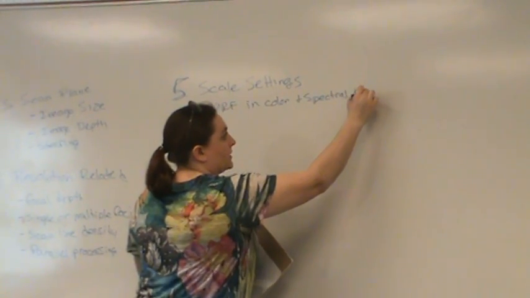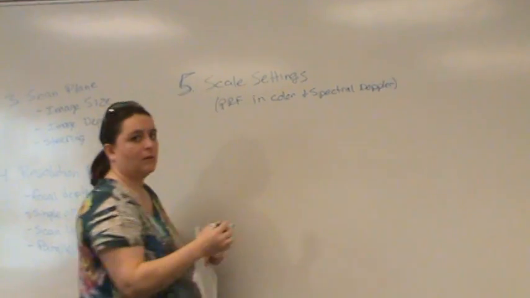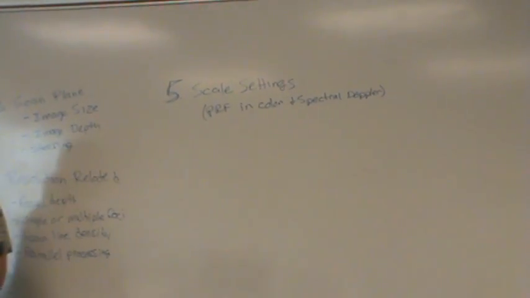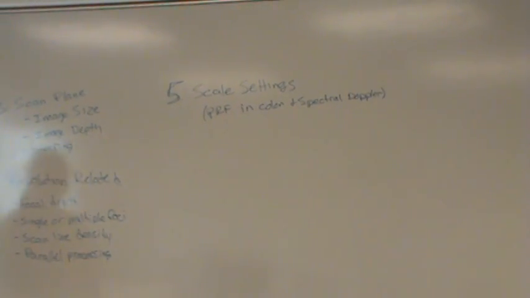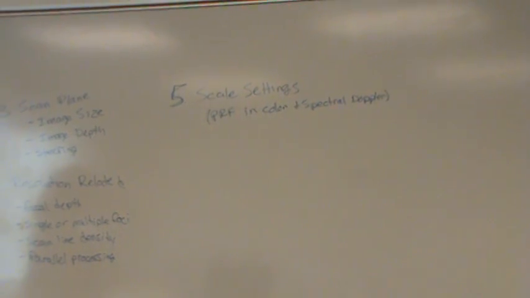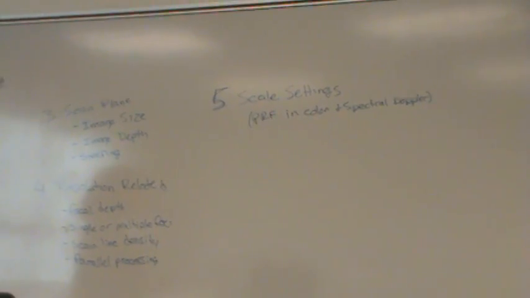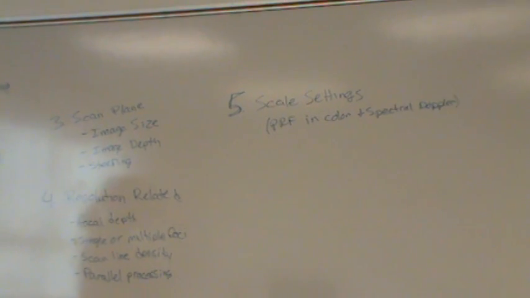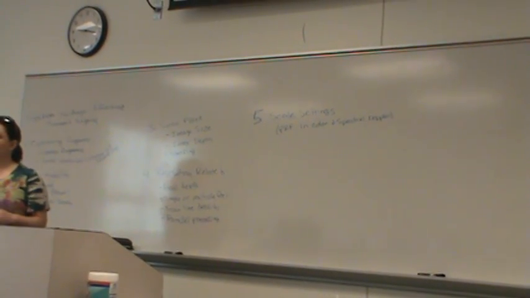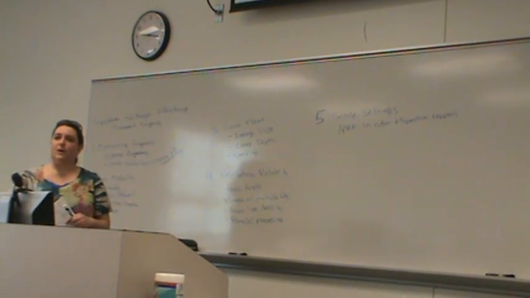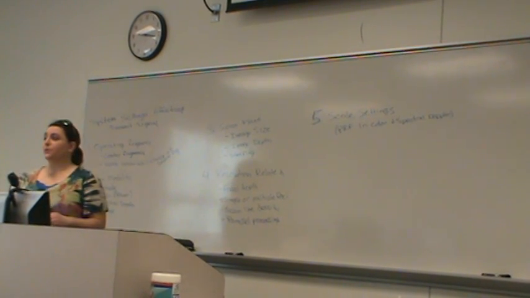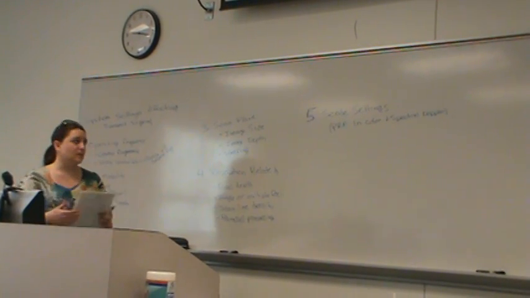And PRF is how many pulses per second are we sending. So if I change my PRF, if I change the scale in color and spectral Doppler, that changes how many pulses per second I'm sending. So anytime I turn that knob for those pulses that are being used to create my color and spectral Doppler, I'm changing how many pulses per second it sends in there. So that's going to change my test signal.